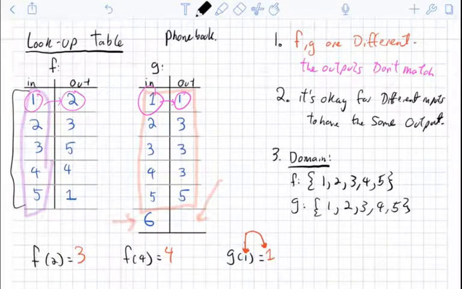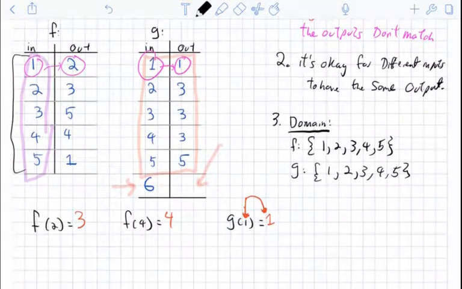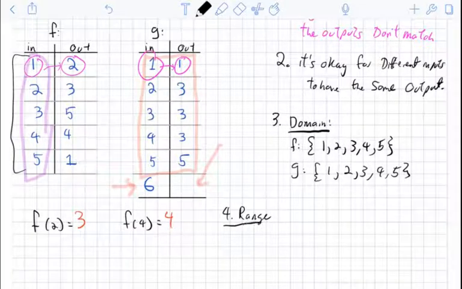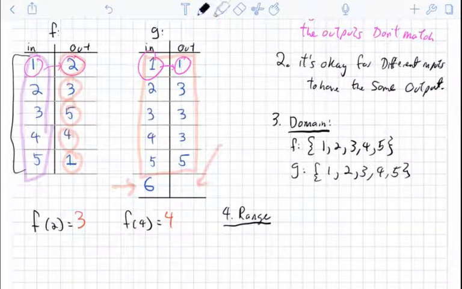And again, there's something called a range. The range is a little bit less apparent in a table than it is in an arrow diagram. The range are all of the numbers that you can output to. Okay? It's easy to list in a table.